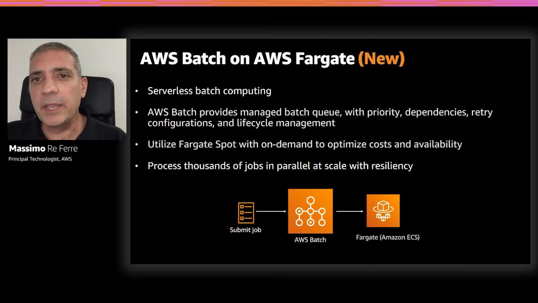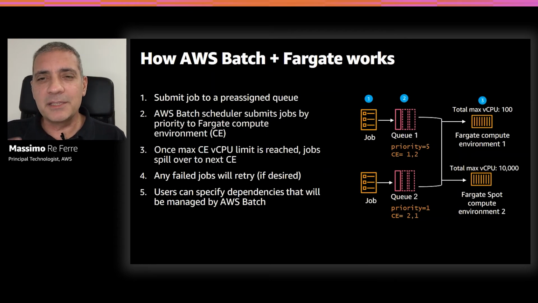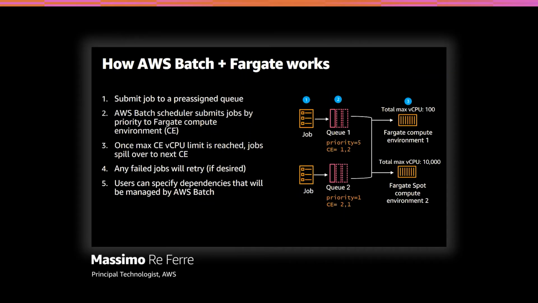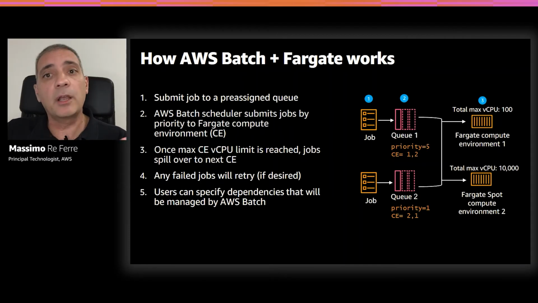What do I mean by input logic? It's the ability to create different scenarios and different priorities, for example, for your batch jobs. So imagine having two different queues in AWS Batch, each one having a different priority. And each of those queues can use a compute environment, which represents capacity that AWS Batch can manage, that has a different cost profile.